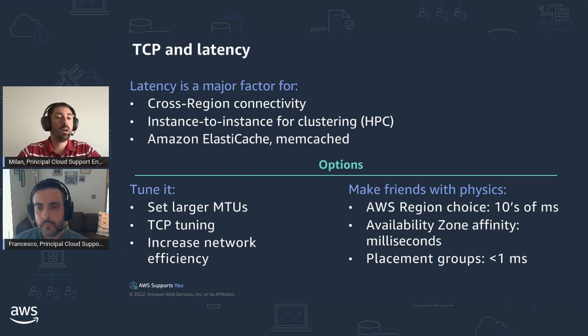Another thing that we can talk about is TCP tuning. What are the things that we can change on our protocol level that can influence how the protocol behaves? Maybe it's a faster retransmission, maybe it's the increased window size that's available for a TCP connection. And we'll see a little bit more about that later. The third thing we can do is just increase the overall network efficiency.